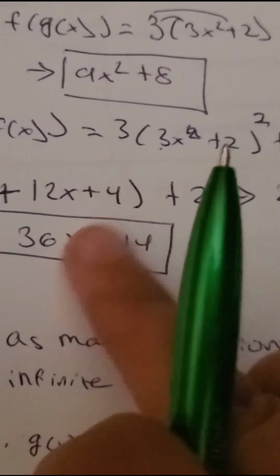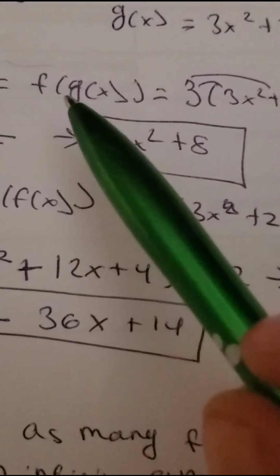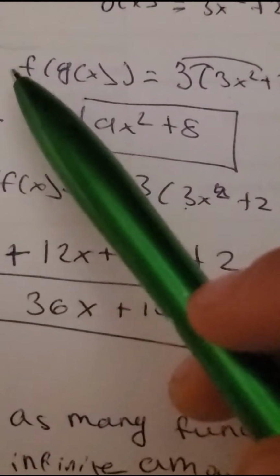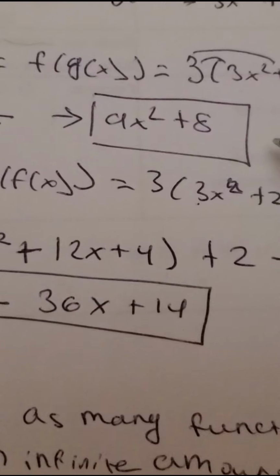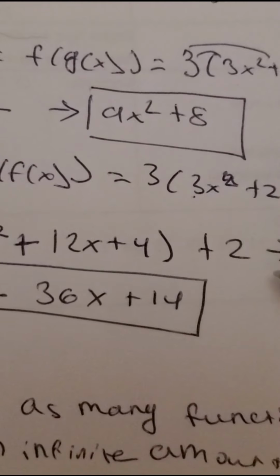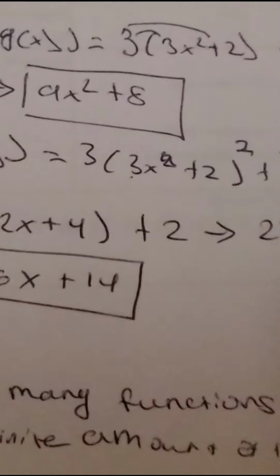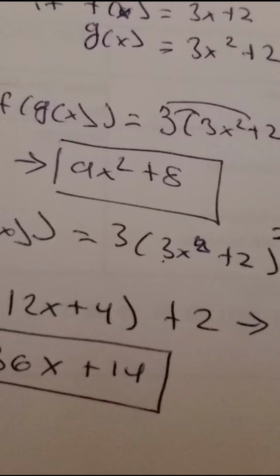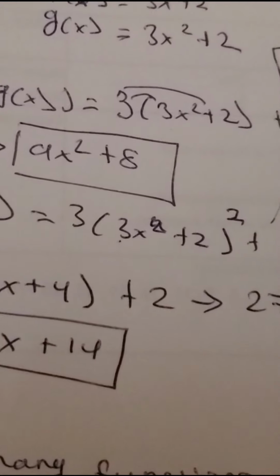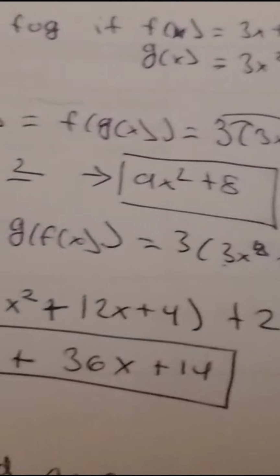Let's do G∘F. Same case. In this case, we're trying to find the composition with F going inside of G. We're going to plug in the value of F into G. So we write it out as 3 times F of X squared plus 2. That's G of X with an F of X put into it.